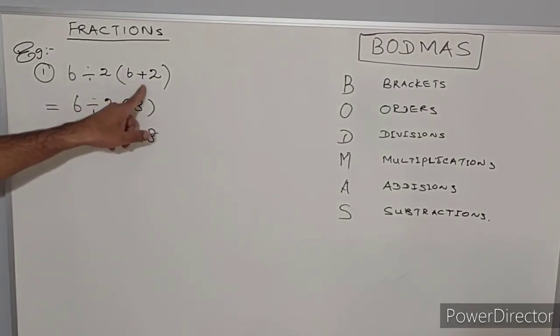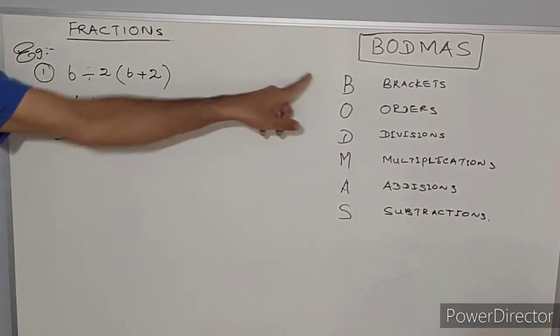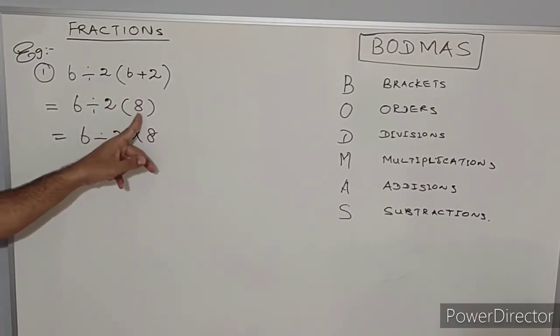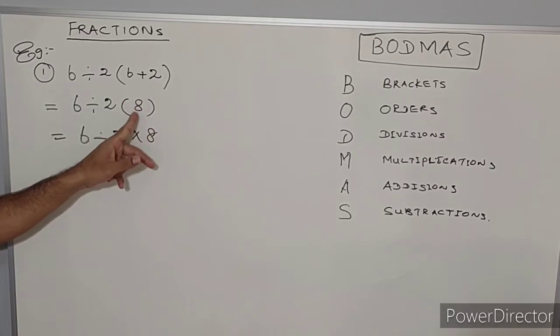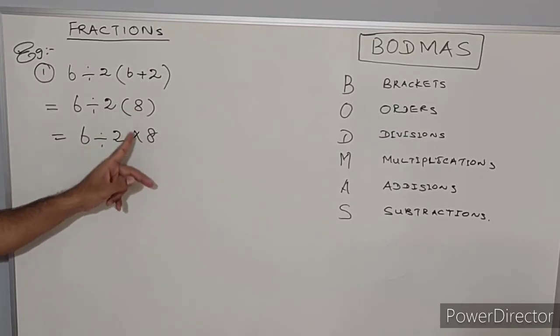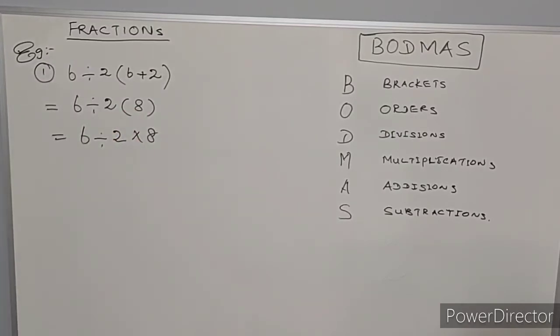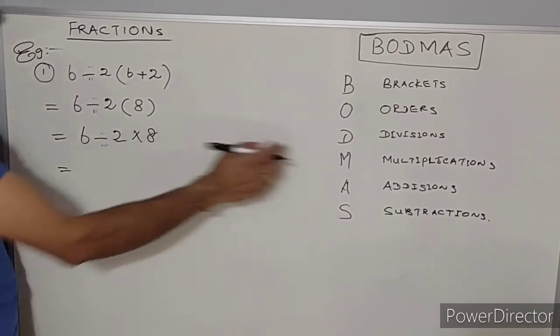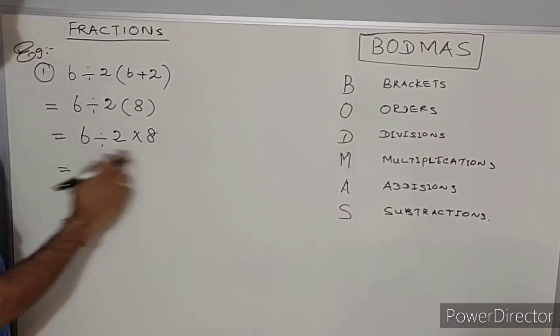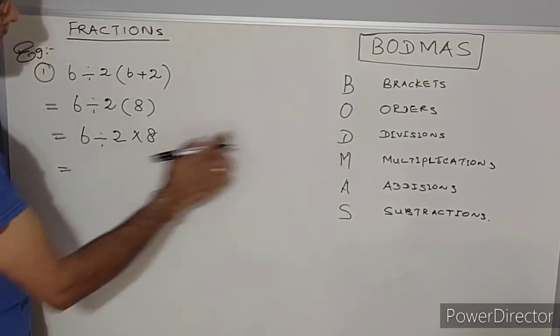If you take out the brackets, it becomes multiplication, because you have to do the brackets first. Once you resolve the problems within the brackets, then you can take out the brackets. Once you take out the brackets, it becomes multiplication. Now, what do you want to do first? You have the division, you have the multiplication.